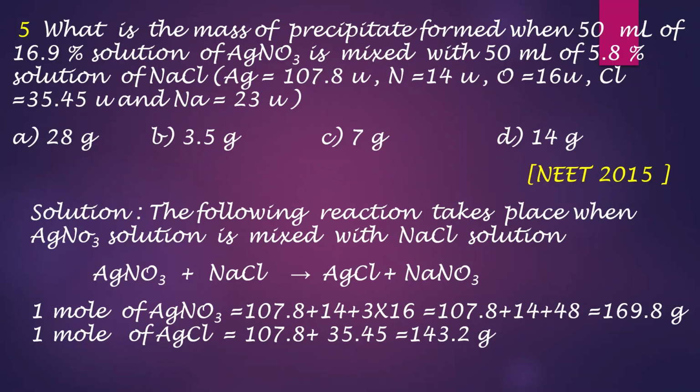But remember, in this we are not mixing 100 ml, we are mixing 50 ml of this solution. So we have to find out the mass of AgNO3 present in 50 ml of the solution.